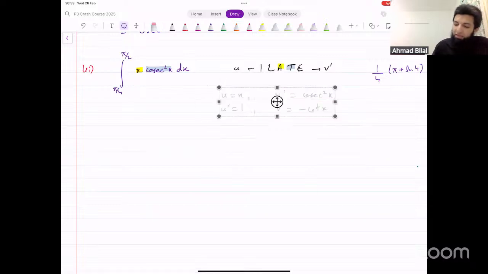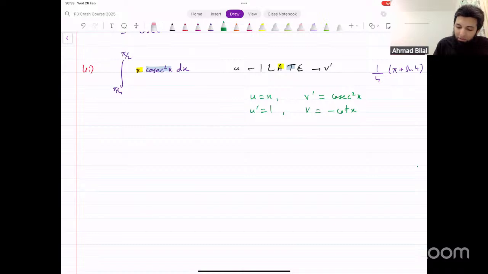Let's use the integration by parts formula: uv minus integration of v u dash, right? Applying that, we get u, which is x, into v, which is minus cot x, minus integration of v, which is minus cot x, times u dash, which is 1.